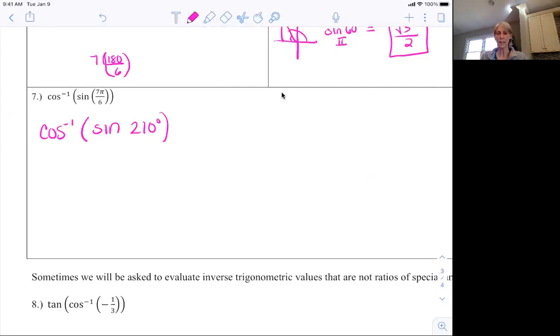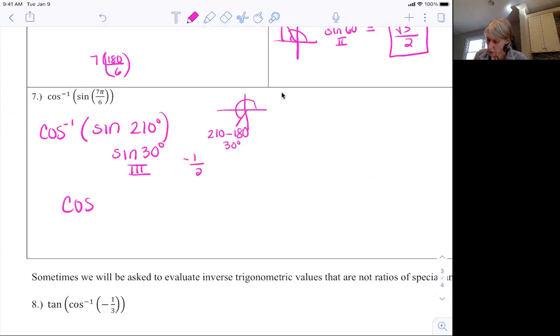Start on the inside: the sine of 210. So 210 minus 180 is 30. So I want to find the sine of 30 in quadrant 3. Well, the sine of 30 is 1/2, and in quadrant 3, it's negative.